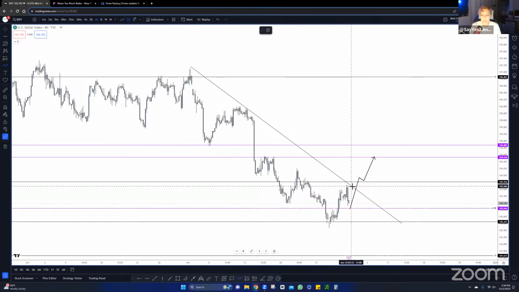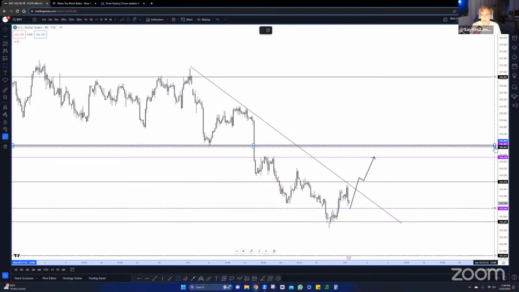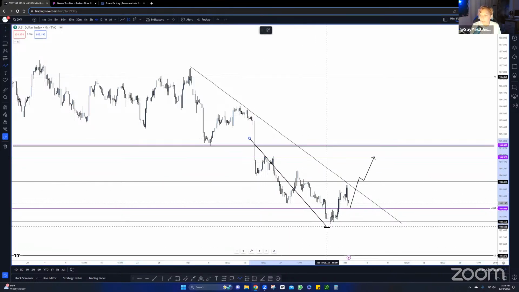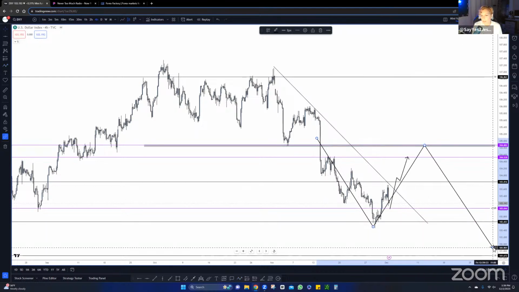All right, so we're either going to get a break and retest here. Now we need to break this area here to have a change in the trend. Otherwise, this is just a retest on the bigger time frame of the structure here or here. So it's going to be here or here, but it's just going to do that to keep going down on the higher time frame.